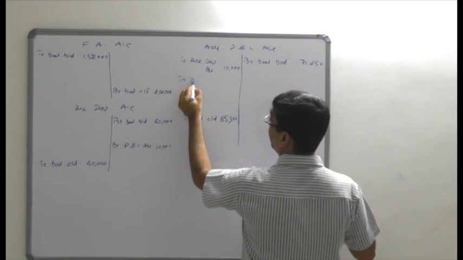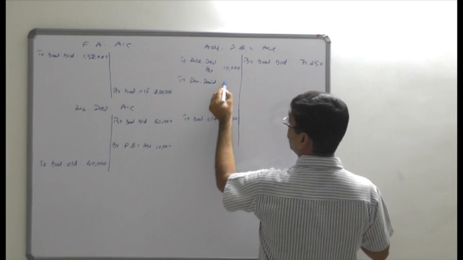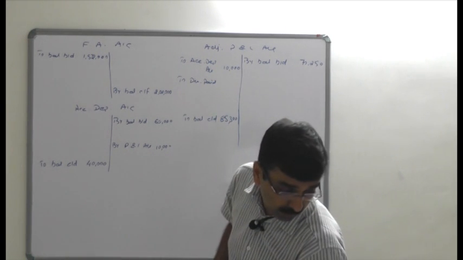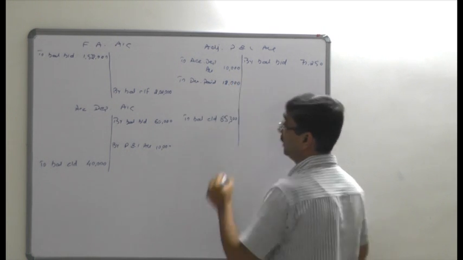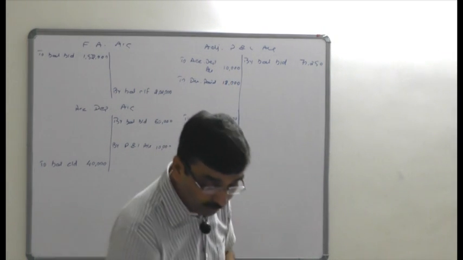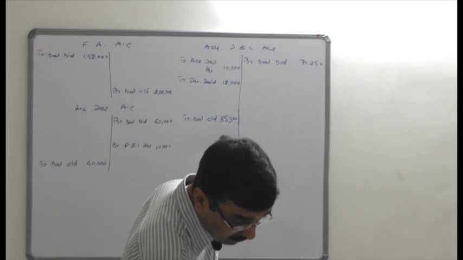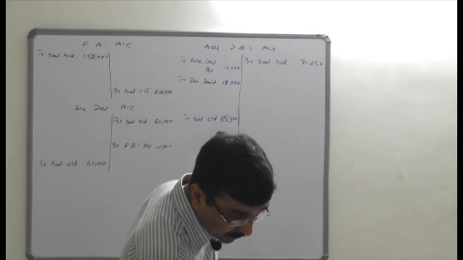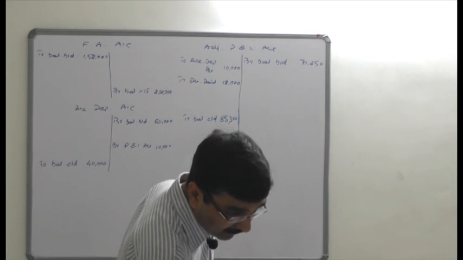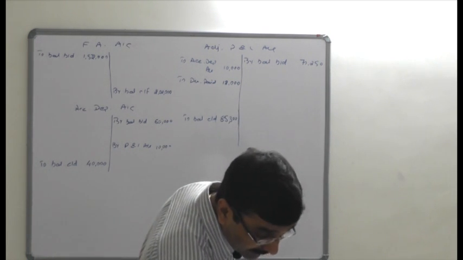So dividend paid, we already discussed this adjustment in the earlier problem also. If you remember, the dividend paid amount is rupees 12,000. So 12,000 rupees added back into profit. Now moving to the next adjustment: an addition to the building was made during the year at a cost of rupees 78,000. So 78,000 rupees of fixed assets were purchased, an addition to the building.